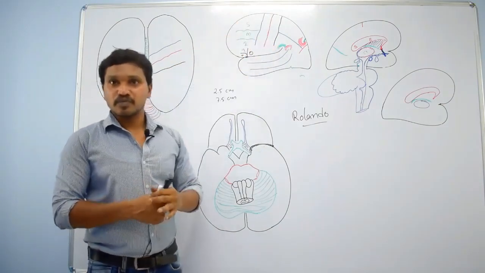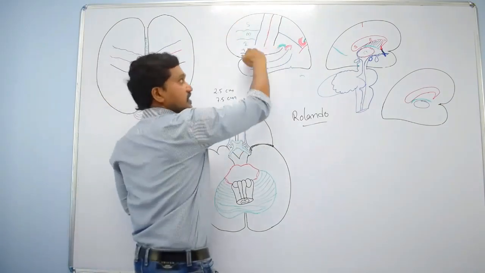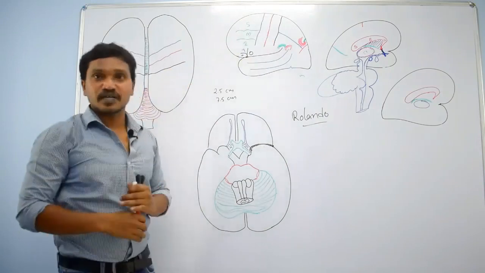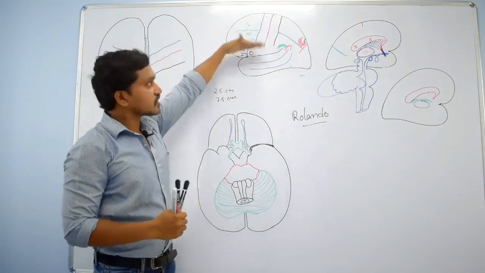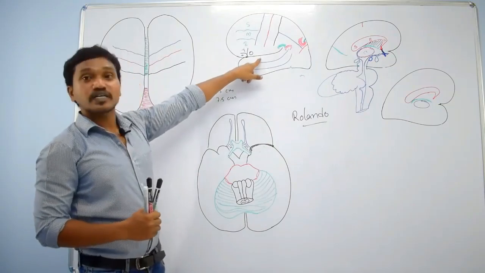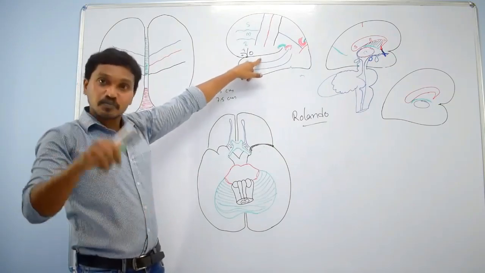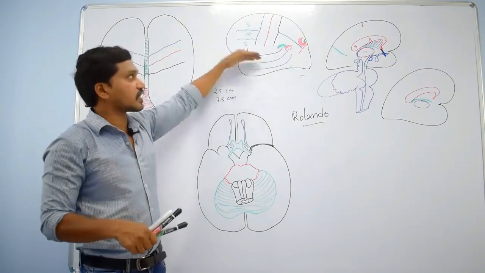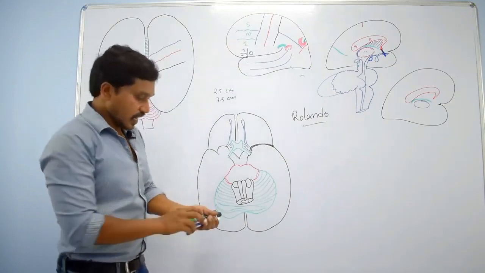But here what you have to remember carefully: just imagine I have removed the frontal lobe and parietal lobe. If I remove them, you can see the superior surface of the temporal lobe, is it or not? The superior surface of the superior temporal gyrus, you can see that.